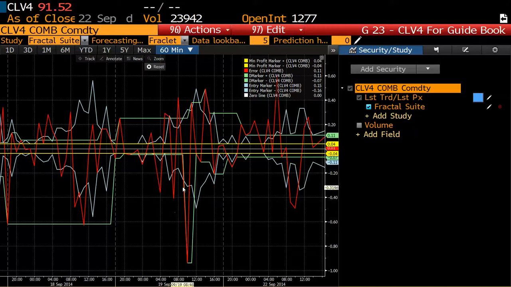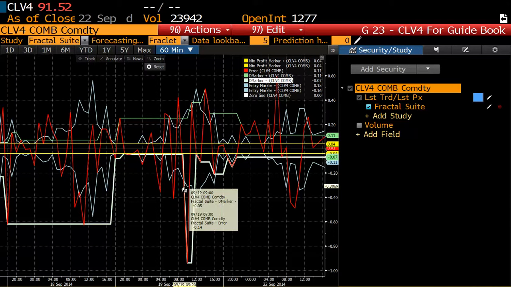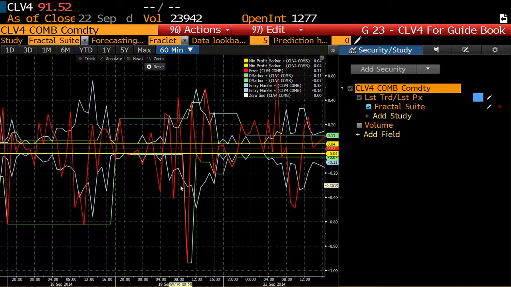In other words, if the error is, in this case, crossing below the entry marker, which would signify that we enter into a trade, a long trade, for our reversion strategy, but we see that the green dynamic marker is not stopping or allowing the error to cross through it like it does in other situations such as here, or here is probably a better example, then we do not enter the trade.